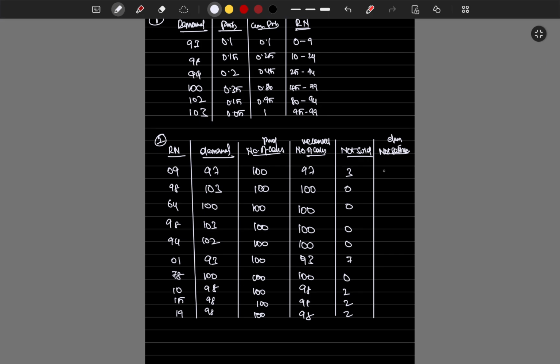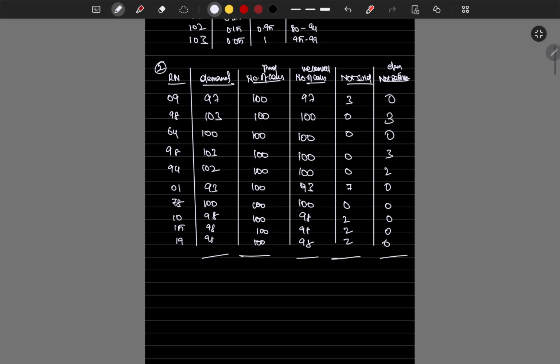Where demand is higher than 100; below 100 we have satisfied everything. The unsatisfied demand is 3, then 0, 3, 2, beyond 100 only, and 0 for the rest.